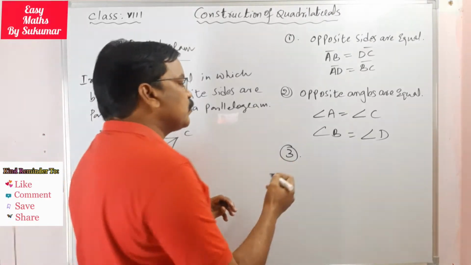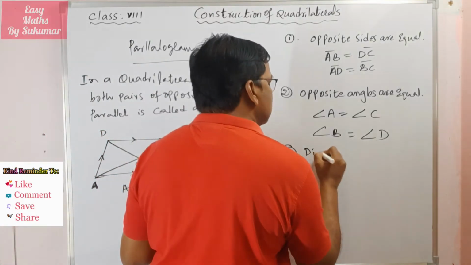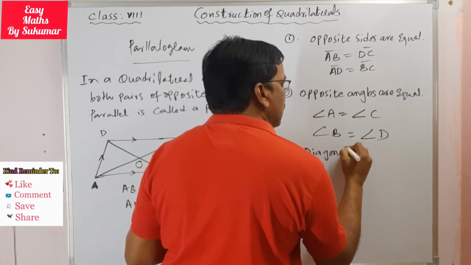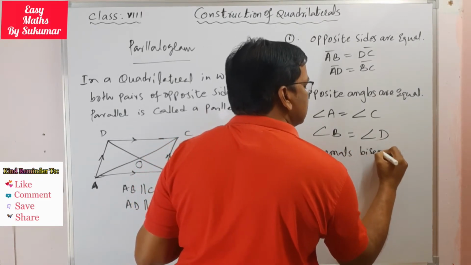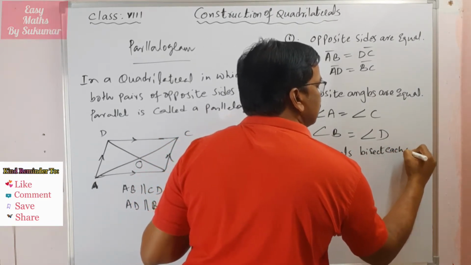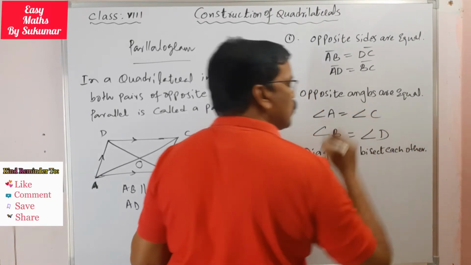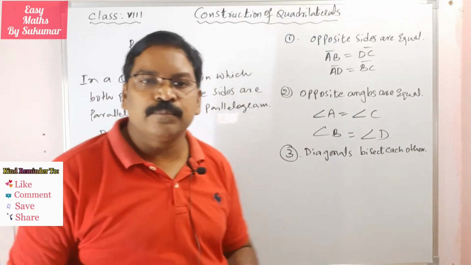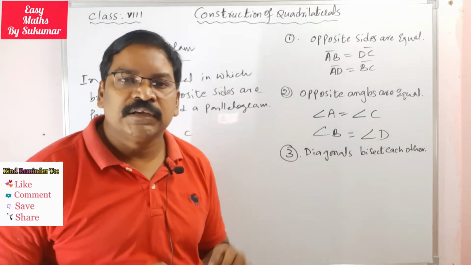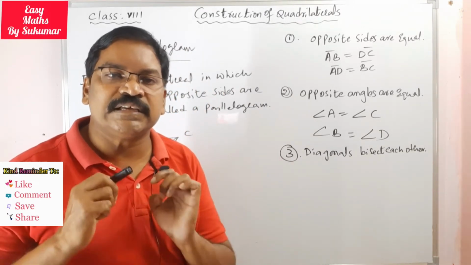So here the third property is diagonals bisect each other. It is a very important property. What is that property? The diagonals bisect each other.